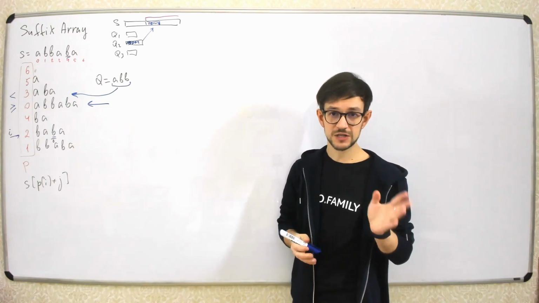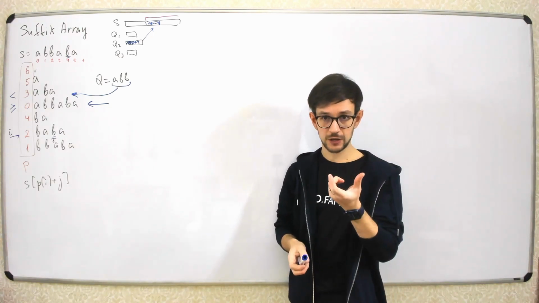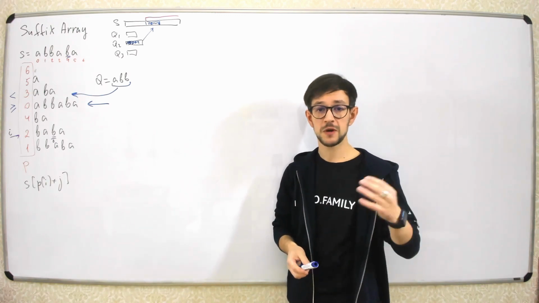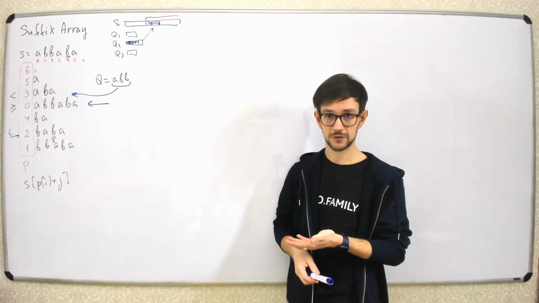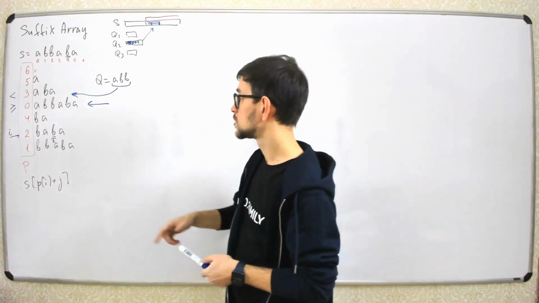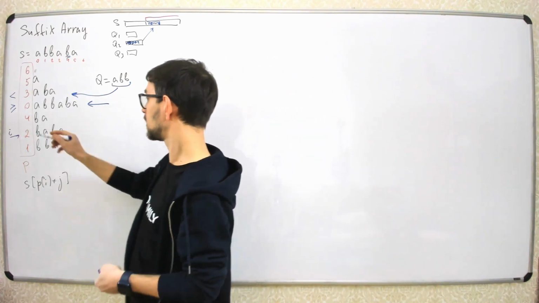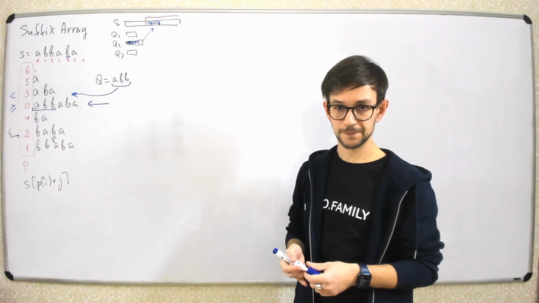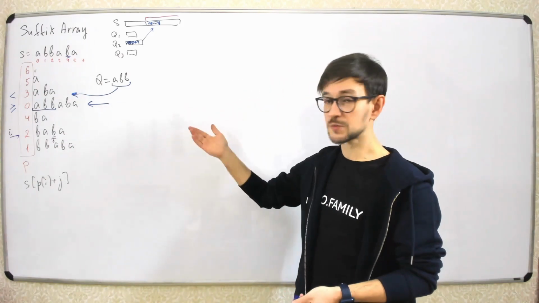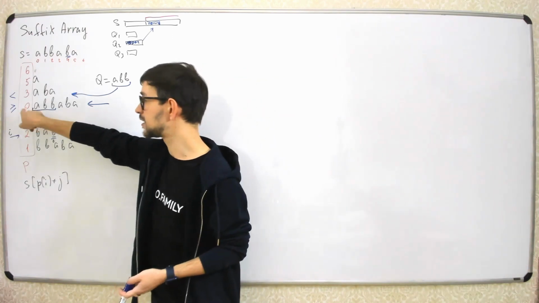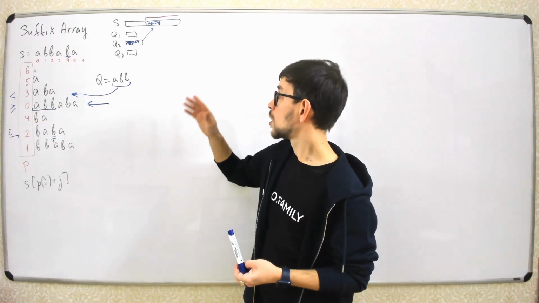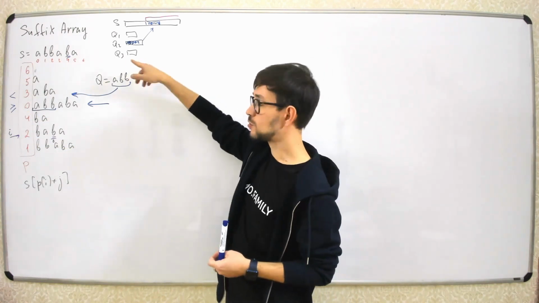If there is any suffix which starts with the given string, it must be this suffix, because it is the lexicographically minimal suffix which is greater than or equal to string Q. So we just check this suffix and we see it actually starts with ABB. So we find the string ABB in our text. And we know its position, because its position is just the index of this suffix. That's all. So we can answer these queries using binary search.